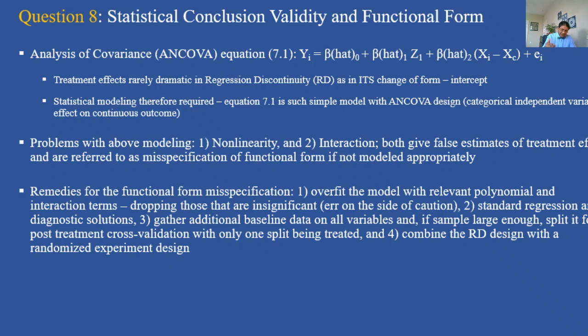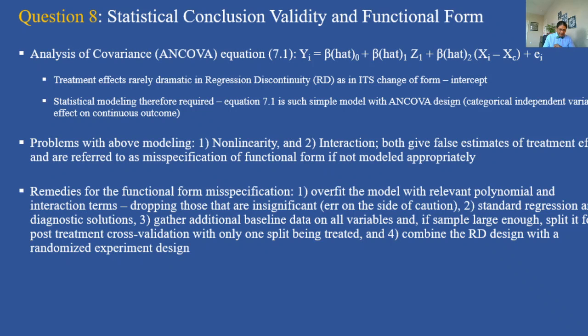However, the treatment effect can be estimated for any point along the assignment variable continuum by plugging in the specific value for the assignment variable, which can also include the intercept. So xi value can be plugged in based on the point on the continuum of the assignment variable. So that's how that equation is used for statistical modeling. It's a simpler form of the equation.